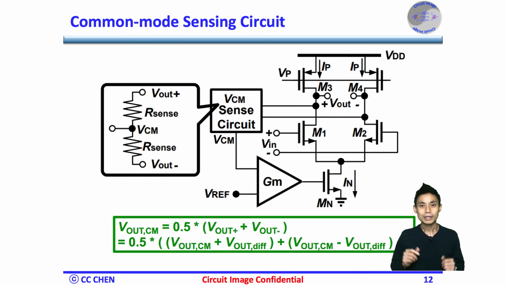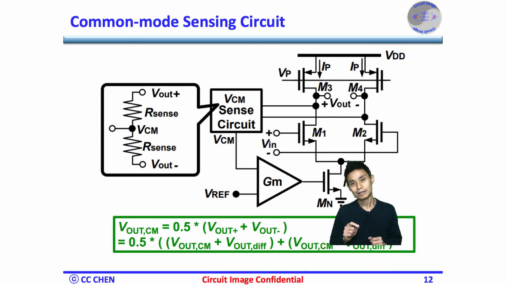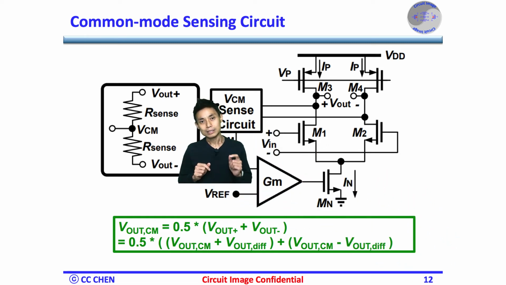So, we may need to isolate the differential signals with a high impedance for the common mode sensing. The simplest one is to add a large resistor here.